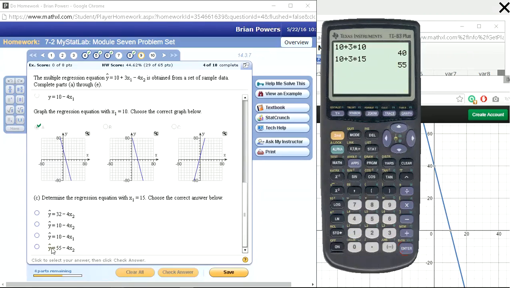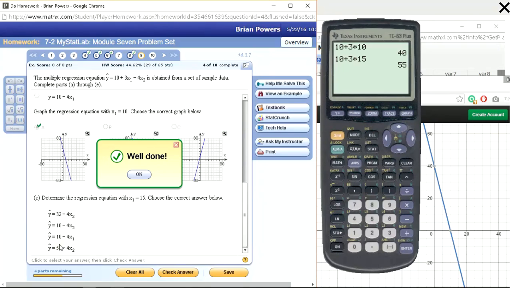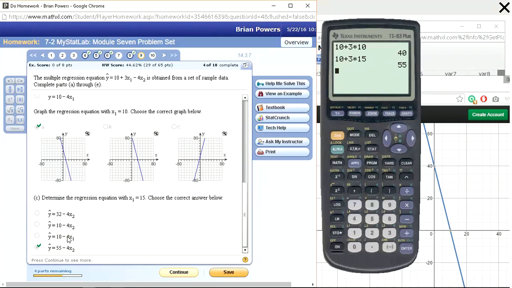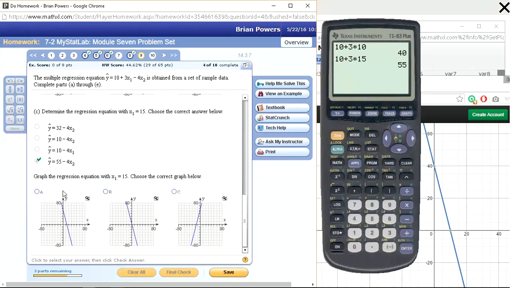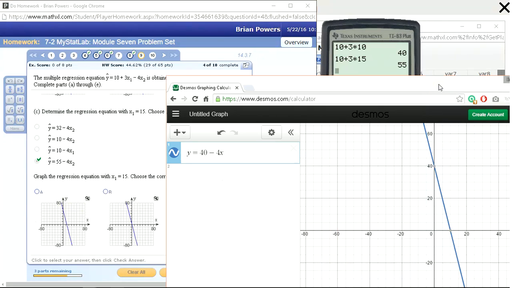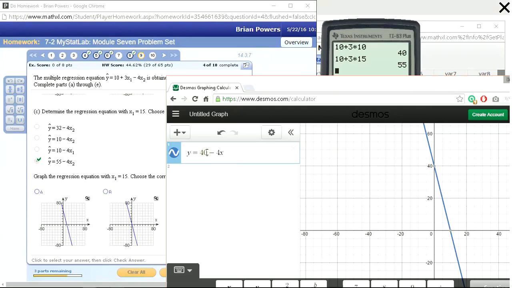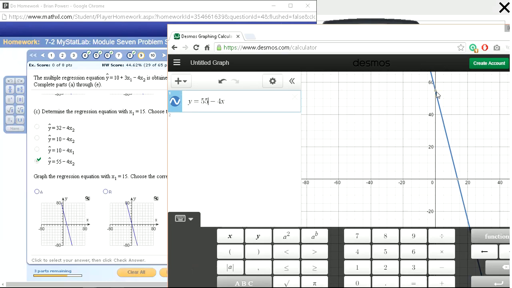That's 55, so it's 55 minus 4x2. And we want to check what that's going to look like. Again, let's just put it in here. Let's change it from 40 to 55. And sure enough, we've got an intercept at 55, and we've got this crossing at 13.75.